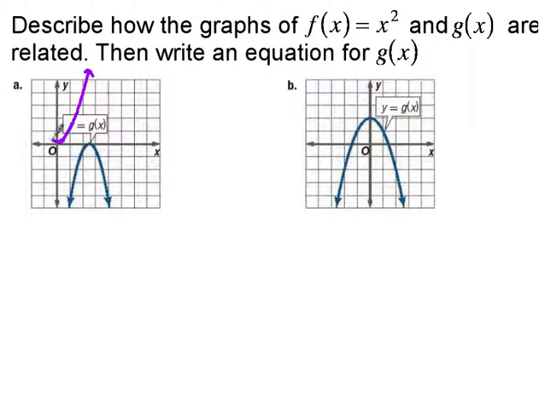So here we go. There's your original function, right? Now I have to somehow get to the g of x function. First of all, g of x equals x squared.